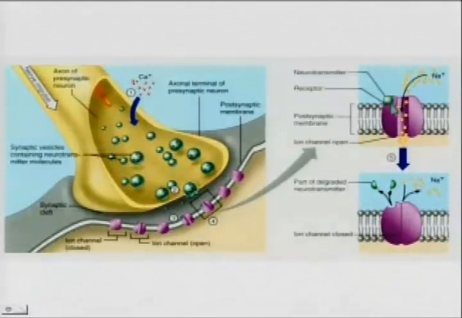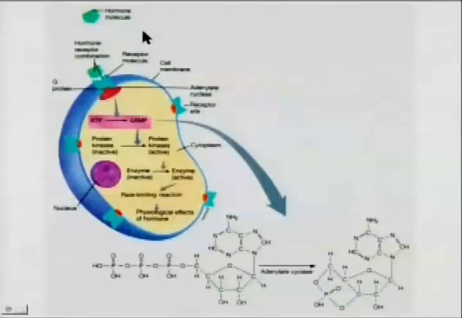The more frequently it is ligated, the more frequently the channel is open. If the synaptic concentration is not sufficient to keep it ligated on an ongoing basis, then the ion channel will close. Now, they're showing destruction of the molecule, but there's several different means of removal from the synapse, as we will see.